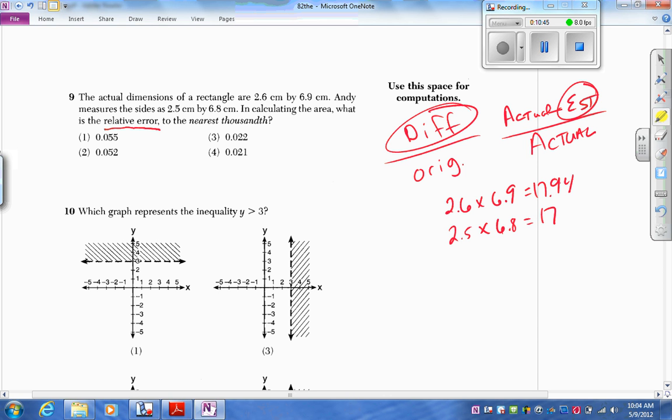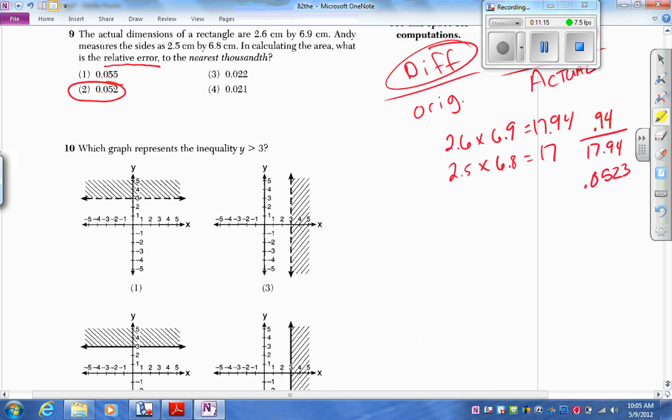So actual minus estimate is 0.94, all over what the original actual is, which is 17.94. If I divide 0.94 by 17.94, I get 0.0523. So that would be 0.0523. Make sense? I hope so.